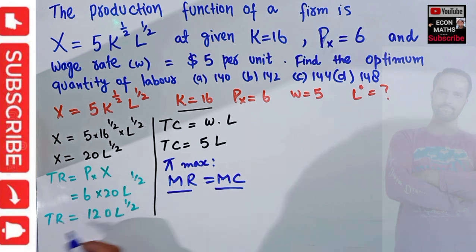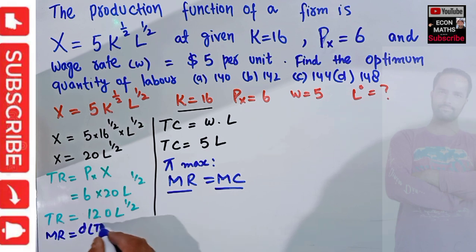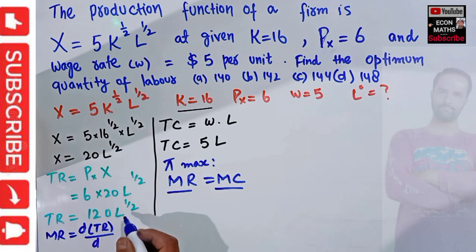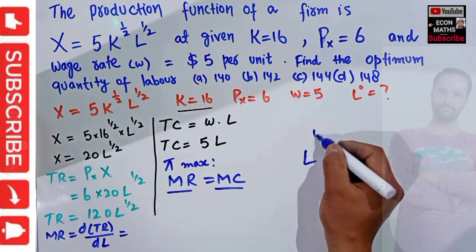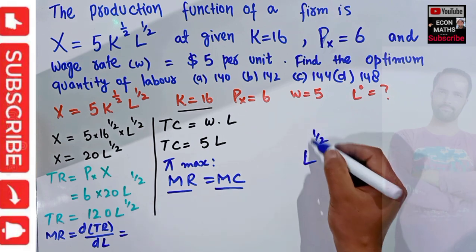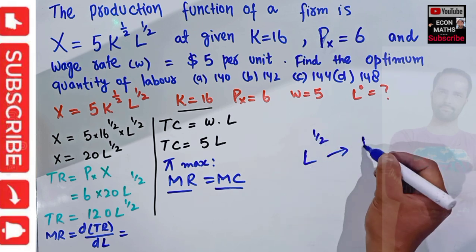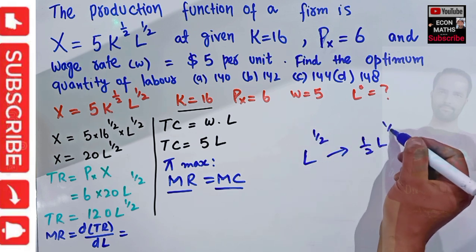Total revenue is given, so from total revenue we can find out marginal revenue by simply differentiating the total revenue function with respect to labor. The derivative of L to the power 1/2 is, the exponent becomes coefficient and the exponent is subtracted by 1.